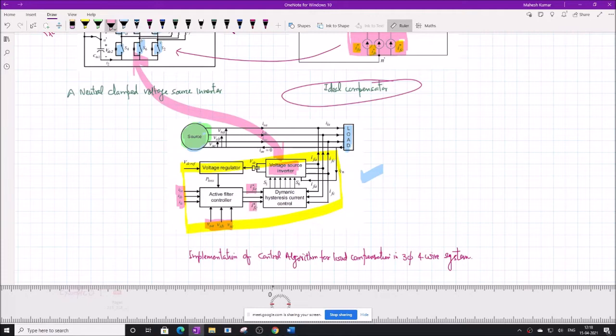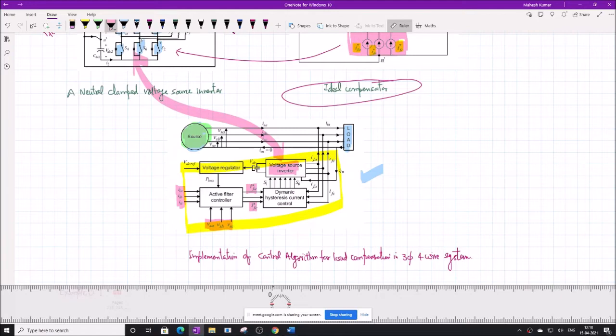How? The same that we have described just now. It first sets the objective for the compensator, what is P0, what is P alpha beta, what is Q alpha beta, then it finds the value of IF0 star, IF alpha star, IF beta star, then it computes IFA star, IFB star, IFC star.